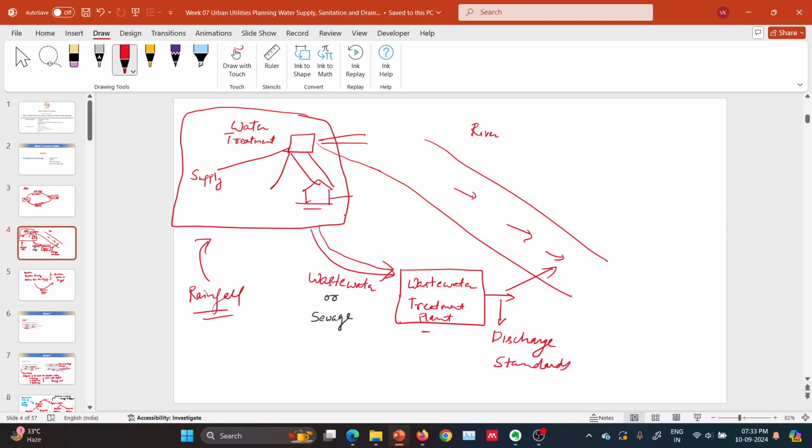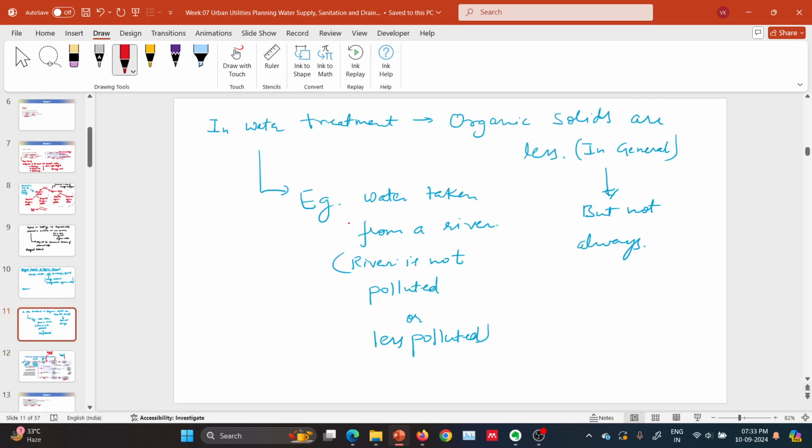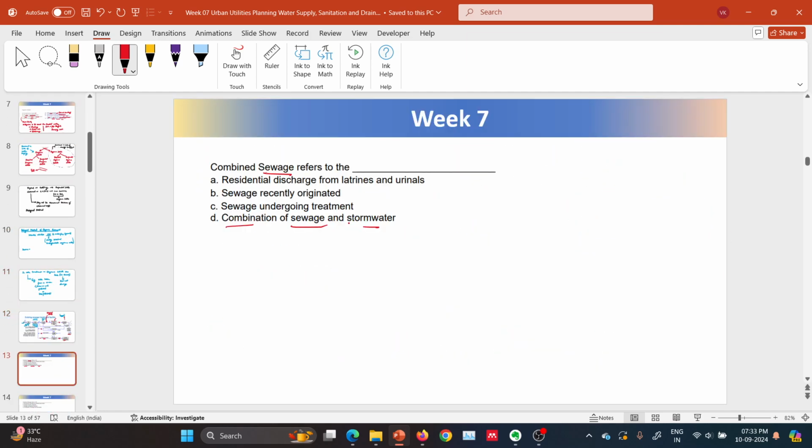If rainfall water is separately taken to the river with drainage, or separately utilized for rainwater harvesting, then this is called a separate sewerage system. So this is called combined: the combination of sewage and stormwater.